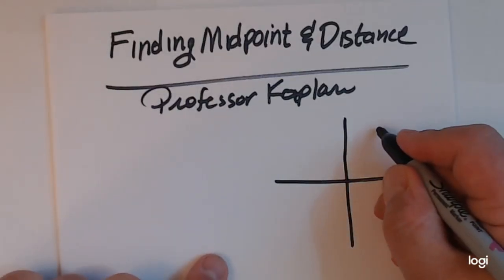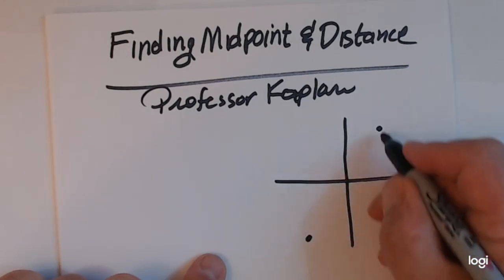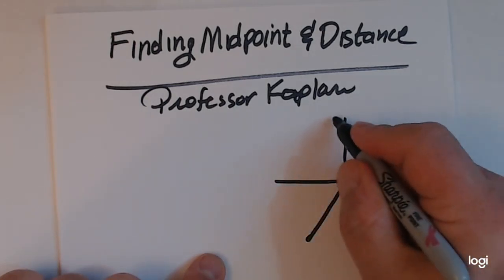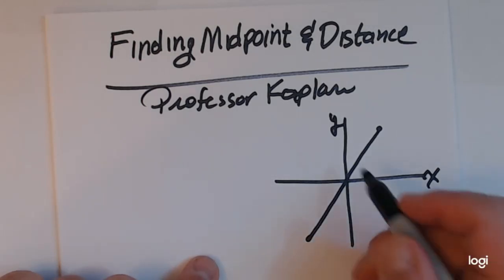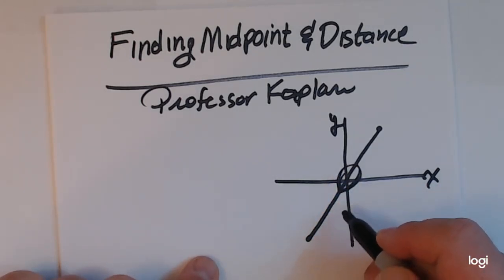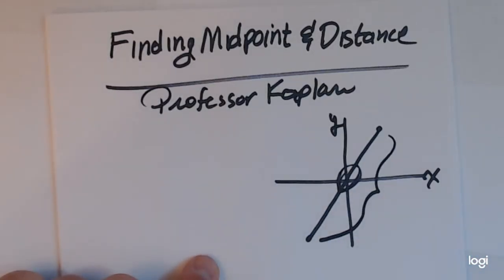Say one point's over here and the other point's over here. We have a line in between them, and we want to know the midpoint of that line, somewhere around here, and we want to know the distance between the 2 points.